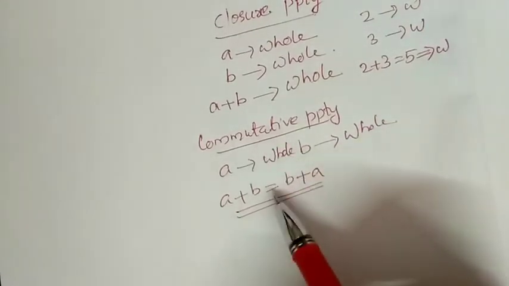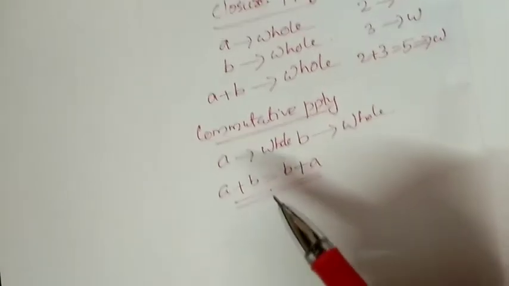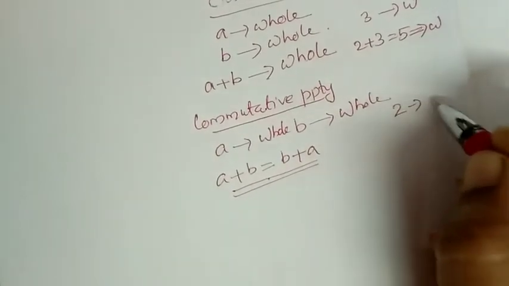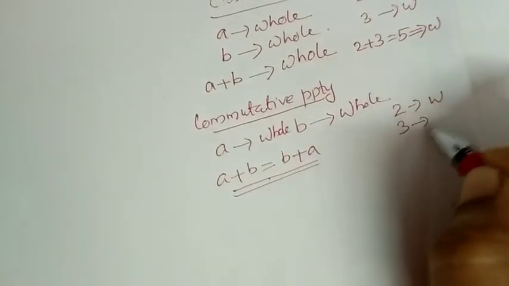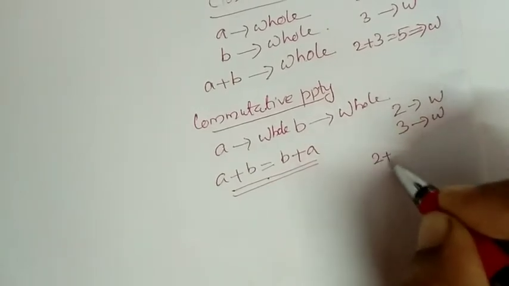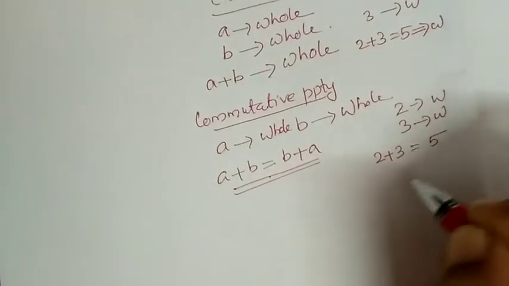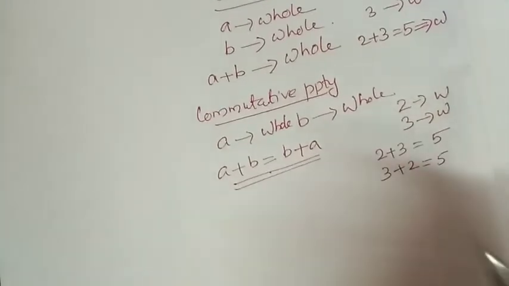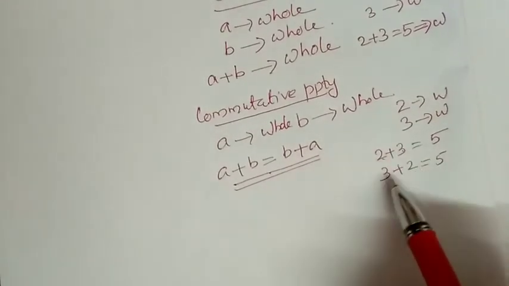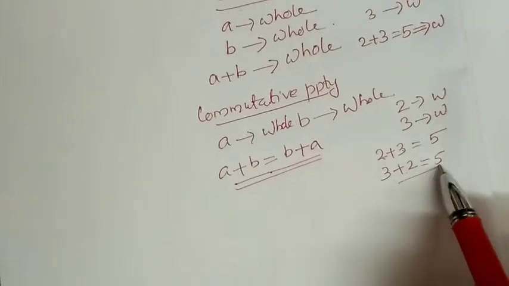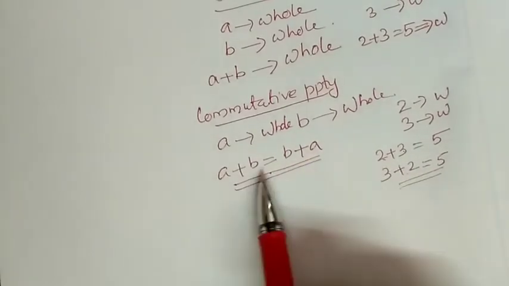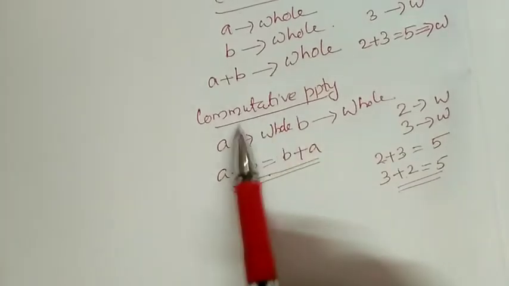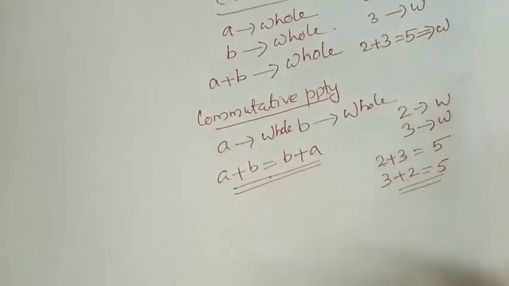This property is known as the commutative property. For example, 2 is a whole number, 3 is also a whole number, then 2 plus 3 is equal to 5 and 3 plus 2 is also 5. So 2 plus 3 is equal to 3 plus 2. In general, A plus B is equal to B plus A.